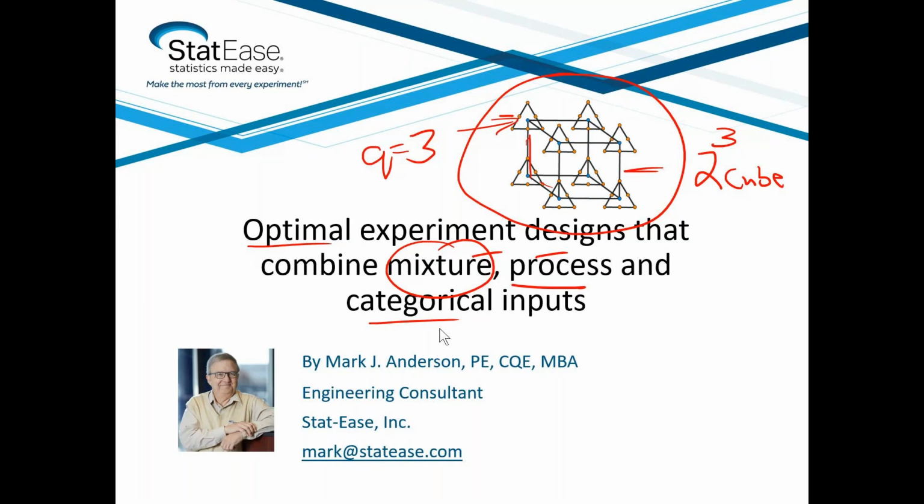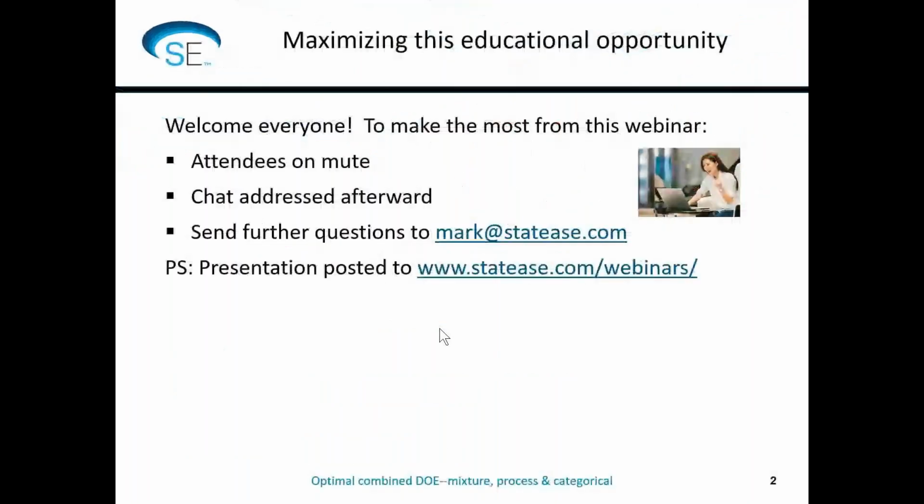The chemical, I mentioned I worked in specialty chemical process development, pharmaceutical, paints, of course, foods, cosmetics, all kinds of things where not only is it the formulation that matters, but also how you process it, and perhaps also some categorical inputs like which supplier do you use or which chemical do you use.